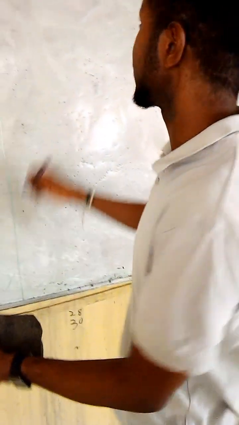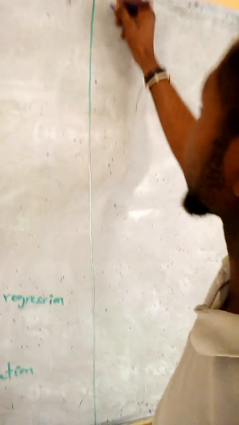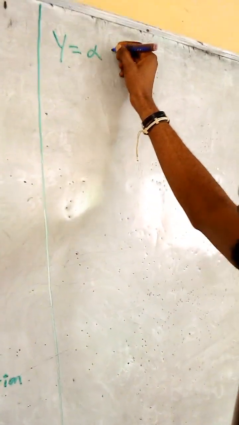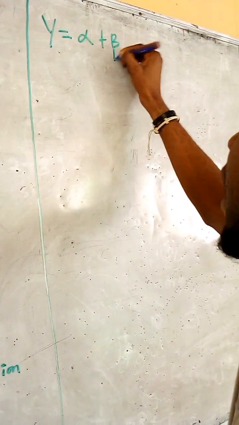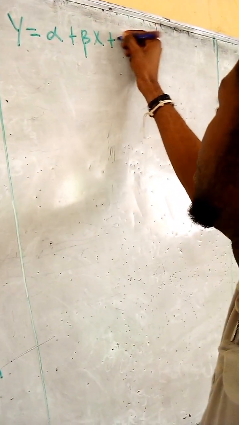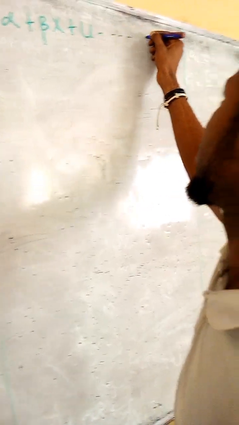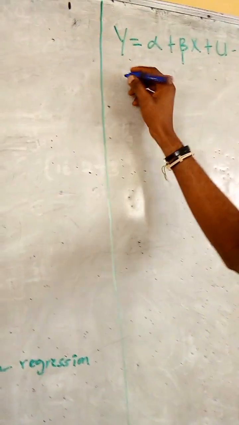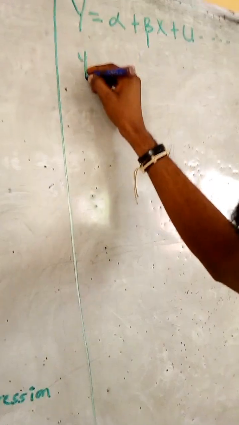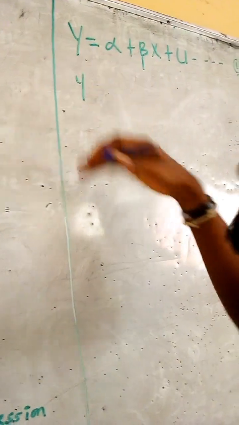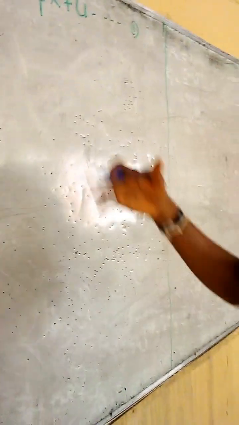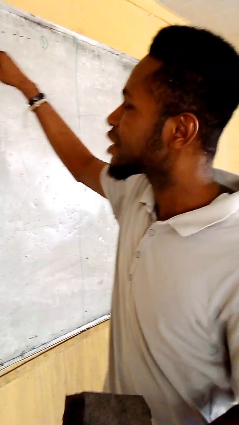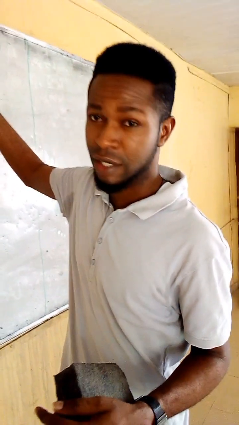So we are given this question. So this is the first thing to do. Write out the question: y equals alpha plus beta x plus u, equation 1. Now you will write the estimator function in order to get the formula.